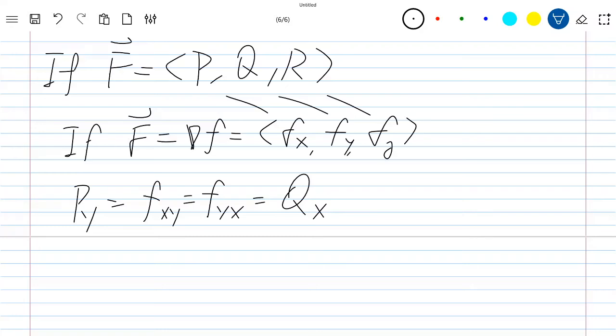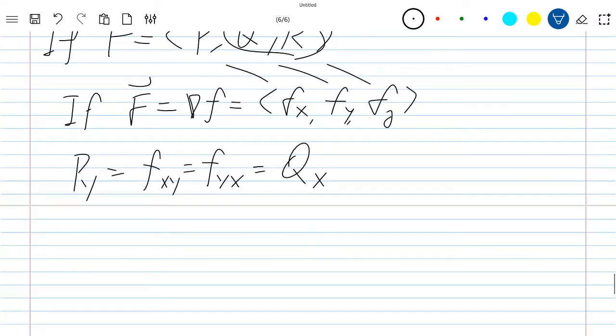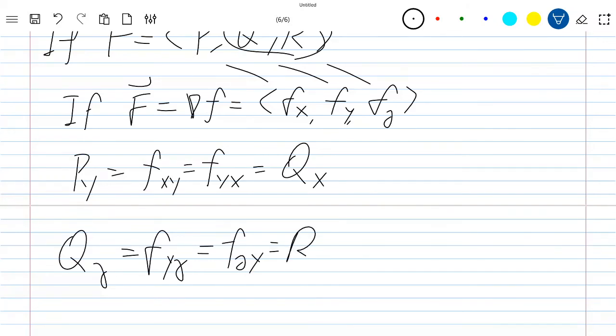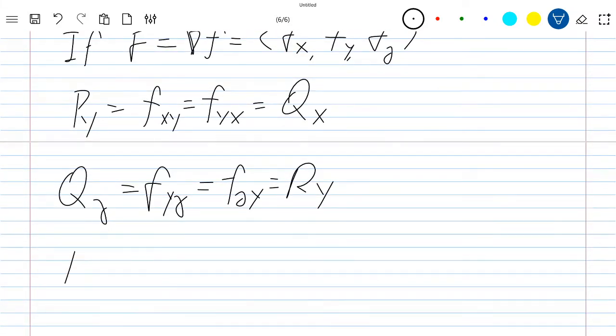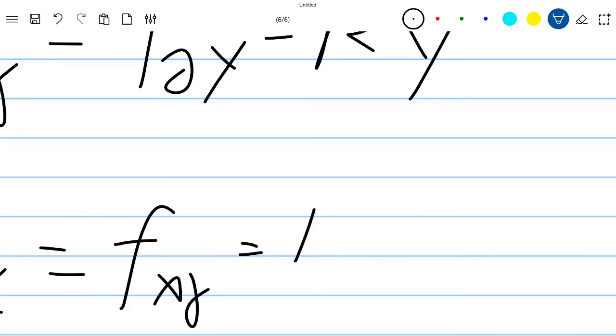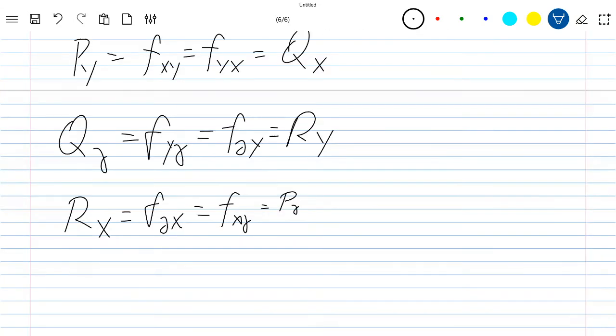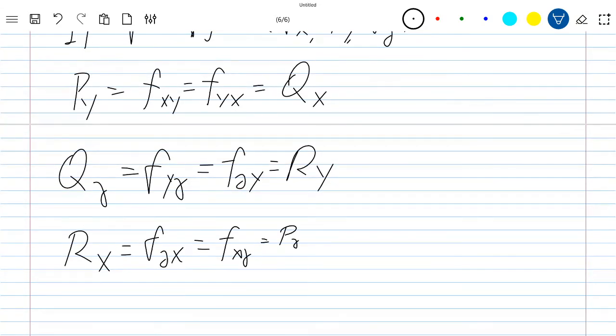But now you can also get these two. So you get qz equals fyz equals fzy, which is ry. And you can also get p and r. It's rx equals fzx equals fxz equals pz. Right, so you get 3 equalities: first one between p and q, second one between q and r, third one between r and p.